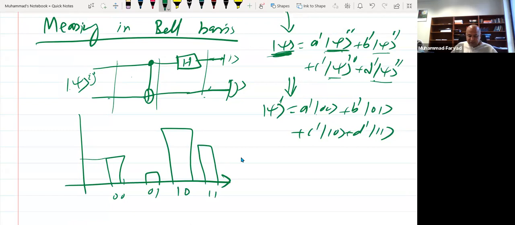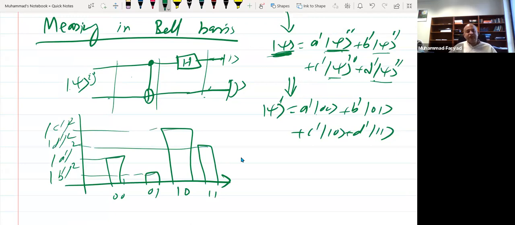Now these will be proportional to A prime square, B prime square, C prime square, and D prime square. So by the relative height of these histograms, I'll be able to find out what A prime, B prime, C prime, D prime is, or in other words, how much of psi 0, 0, psi 0, 1, etc. is present.